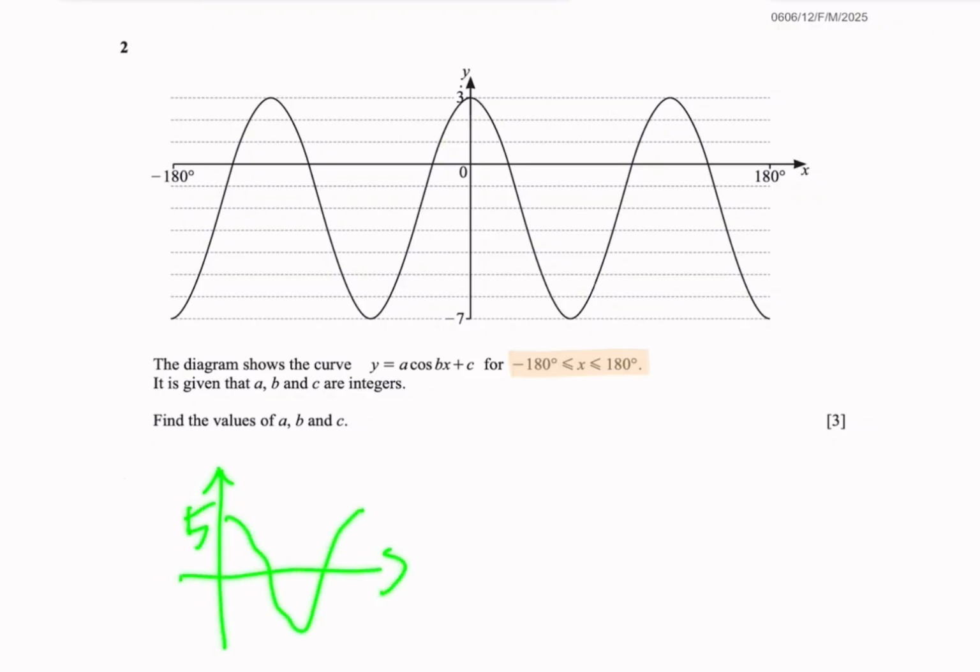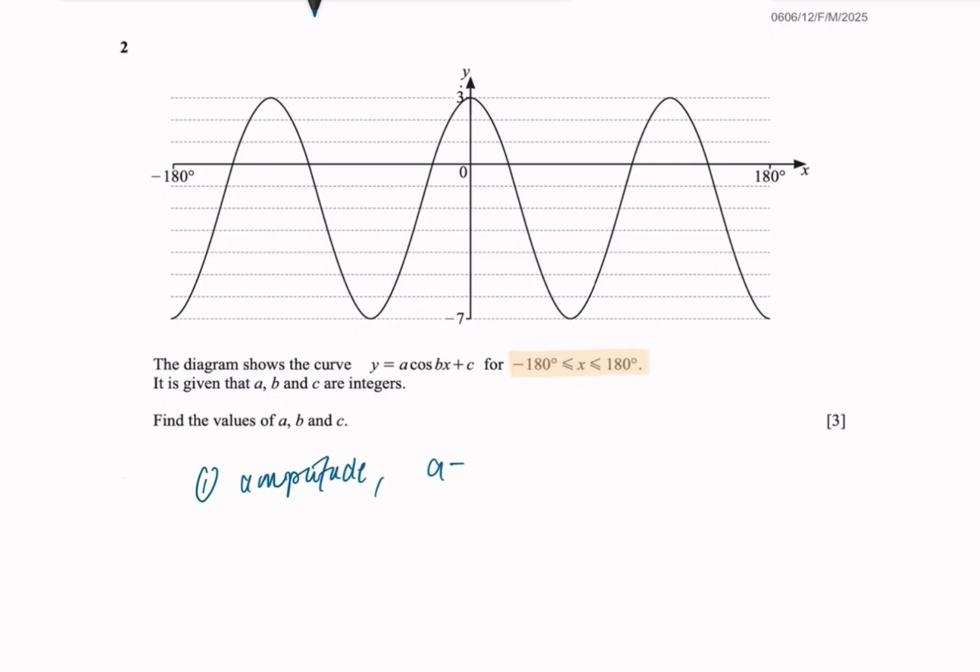So you would know that the amplitude is 5 and minus 5, because the difference is 10, right? So now you need to write that the amplitude, or a, is equal to 5.